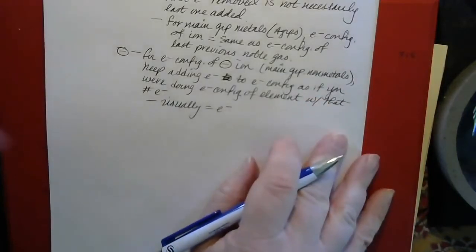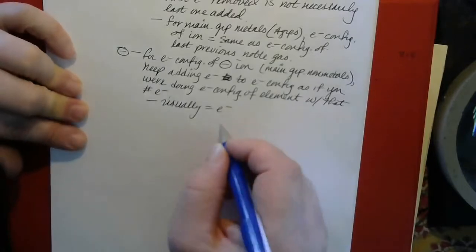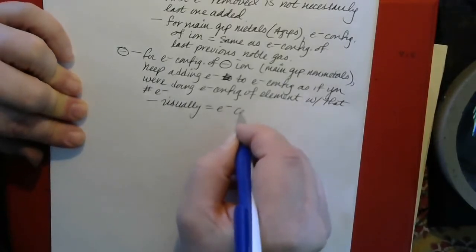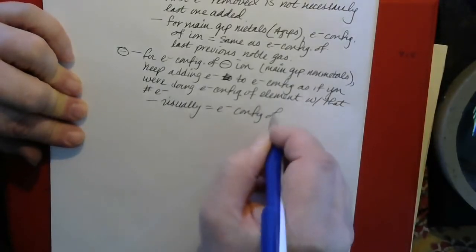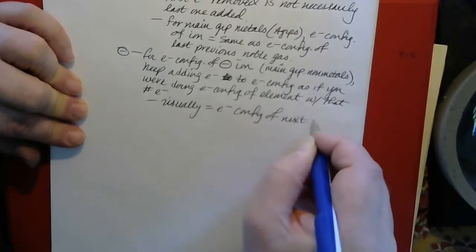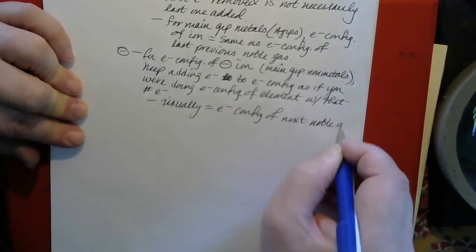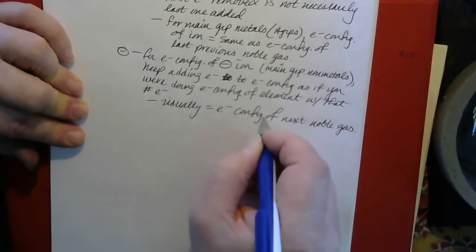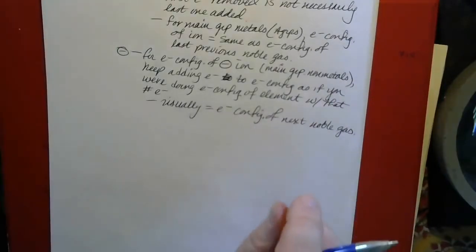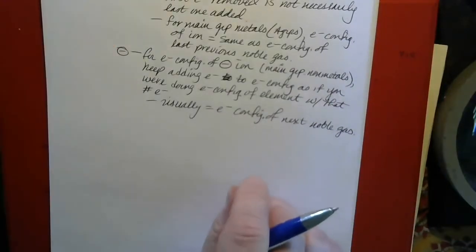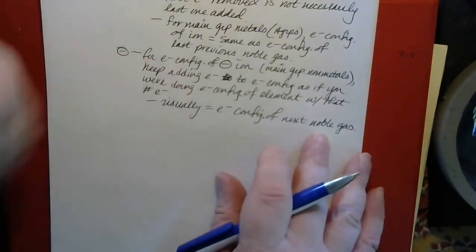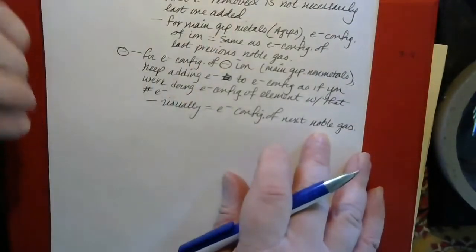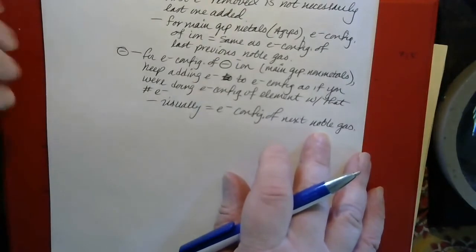And what you usually end up with is the electron configuration of the next noble gas. And again, that's why the nonmetals form negative ions, because they only have to gain a few electrons to get to that stable electron configuration, which is the same as the next noble gas.